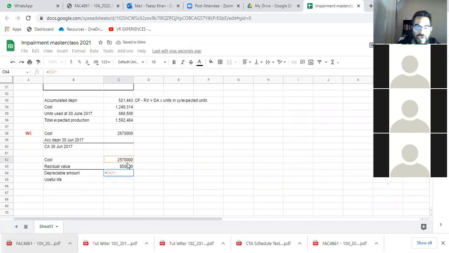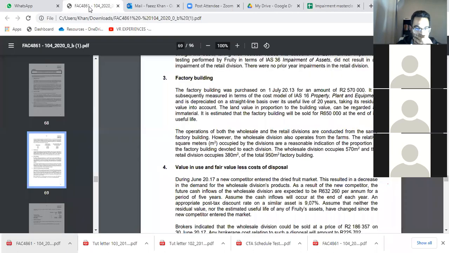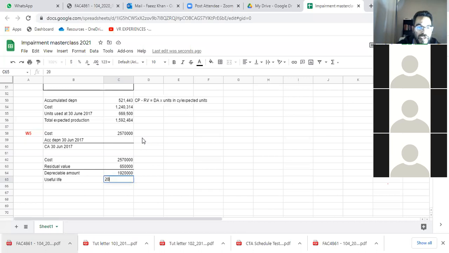Remember, this is easy, you did this in Accounts 1, from first year. The useful life is 20 years. There was no change, so we're happy with that. So my annual depreciation is going to be that divided by 20 years.